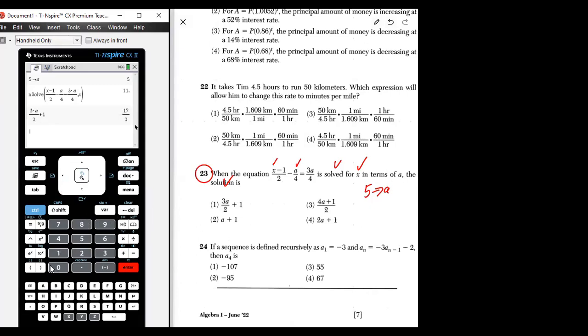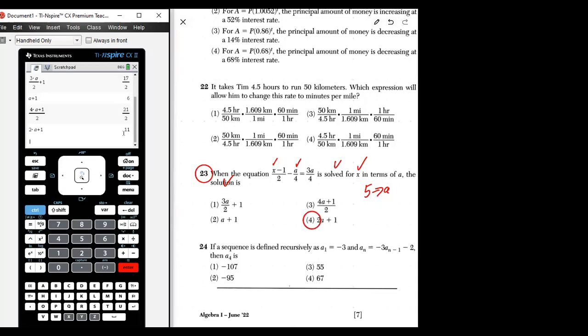Then A plus 1, I know that's not it, that's going to be 6. That's not it. Then control divide, 4A plus 1 over 2. That's not it. And then if I do 2A plus 1, I got it. That's my answer. So the answer for this one would be number 11.